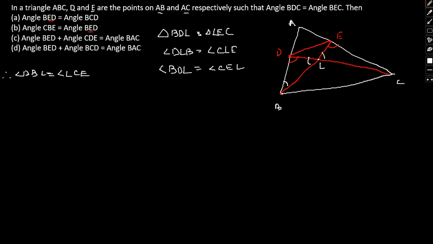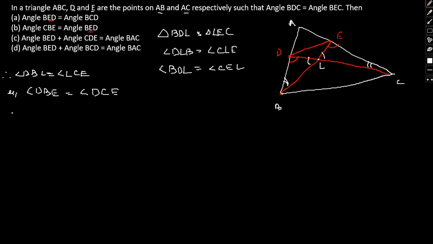These angles are also equal because two of the angles are equal, so the third angle will definitely be equal. That is, angle DBE equals angle DCE with respect to the bigger triangle.